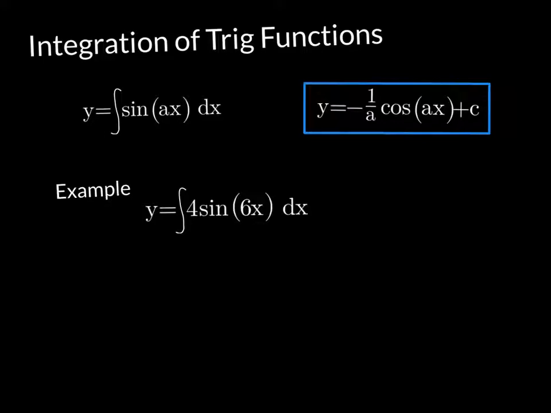Okay, so moving on, let's look at integrating trig functions. So first we'll look at integrating sine functions before we move on to cosine functions. So how did we differentiate sine functions?